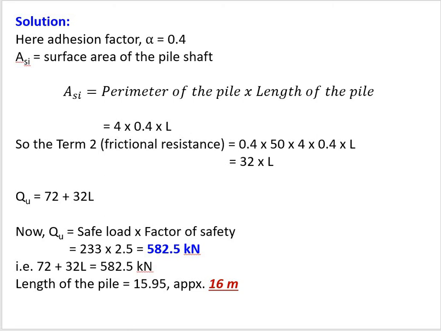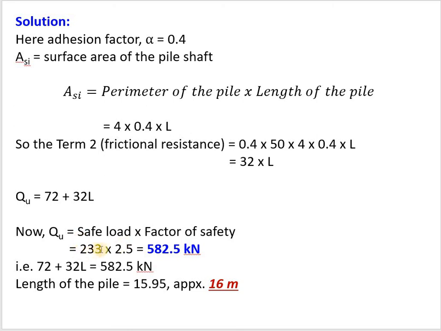So 4 times side, that is 4 into 0.4 into length of pile L. So what will be the second term? It is adhesion factor alpha into C, which is 50, alpha is 0.4, then the ASI, that is 4 into 0.4 into L, which you get as 32L. So the ultimate load here is 72 plus 32L.